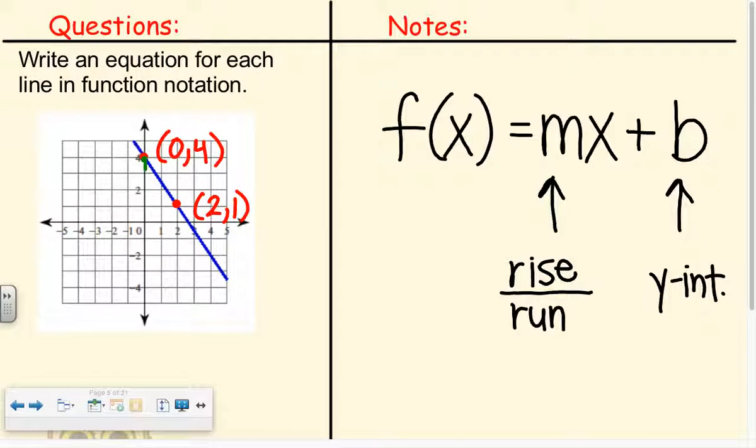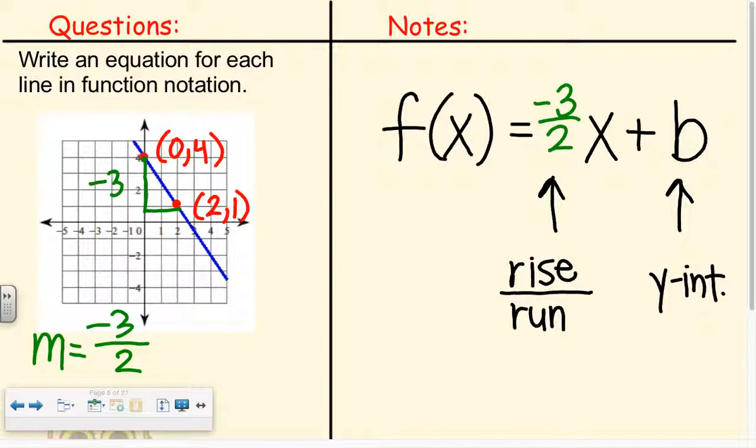I'm going down 1, 2, 3. So down is a negative, and over 1, 2. So my slope is negative 3/2. And my blue line intersects my y-axis right there at 4. So f of x equals negative 3/2x plus 4.